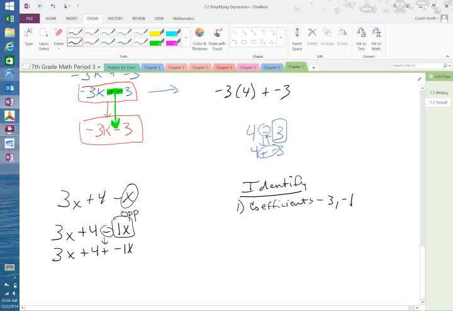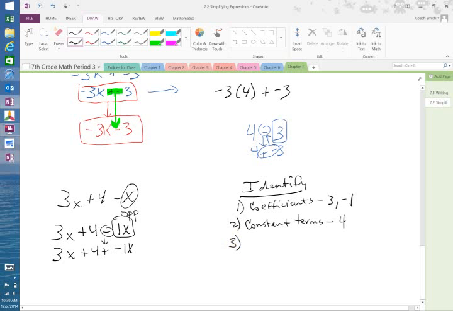That's the coefficients in this problem. So that's step 1 of the directions. The second thing is they want to know the constant terms. What is the constant term or terms in this problem? 4. So that's the answer to the second part.